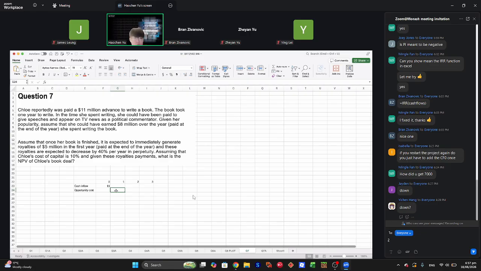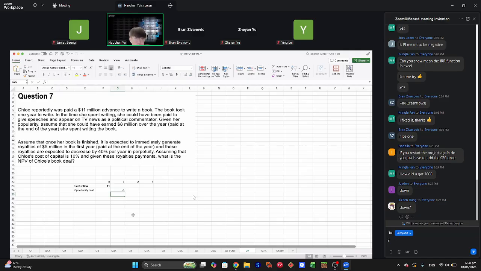We need to consider opportunity cost in the cash flows when we do the calculation. You will learn more details about this next week when we teach you how to do the cash flow table. So here, the 8 million will become a cost.